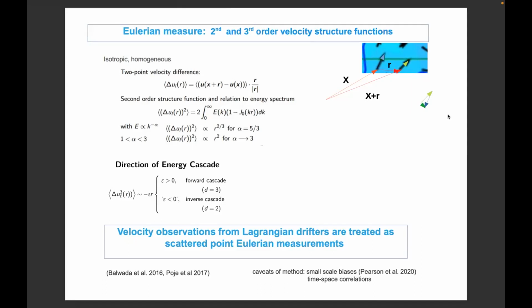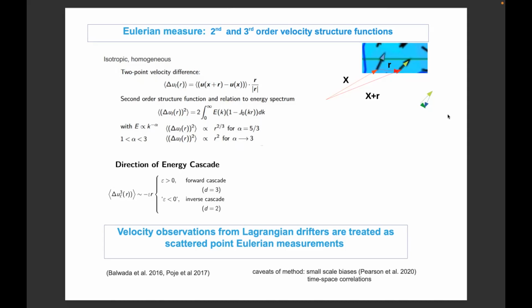If we had very large separations, the 2 points would reveal uncorrelated velocity, and then this quantity, for instance the second order structure function, the mean square velocity difference, would be constant for large distances, because there's no correlation anymore.